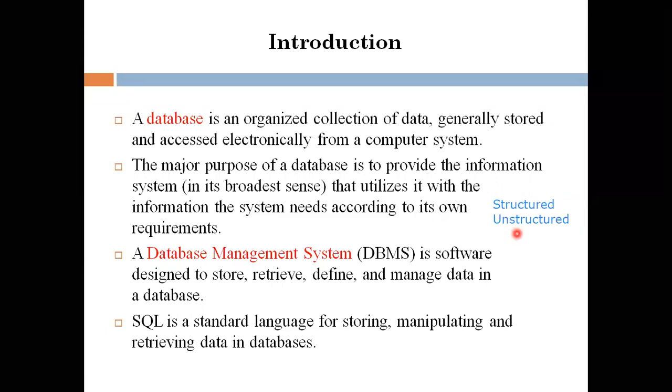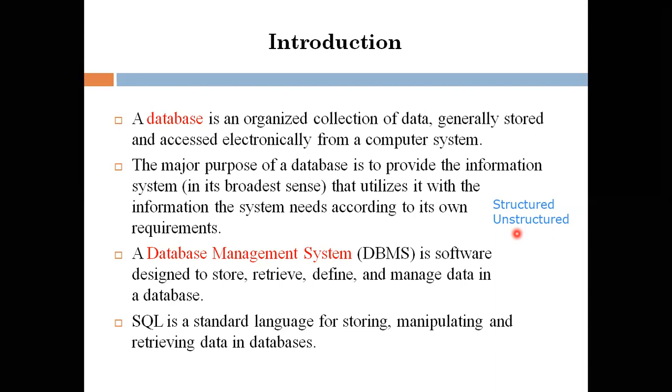When I talk about unstructured data, I don't know what kind of data I'm going to get, or I can say it will not have clear information. For example, the data that we get from online sources or from social media like WhatsApp, Facebook, Twitter.